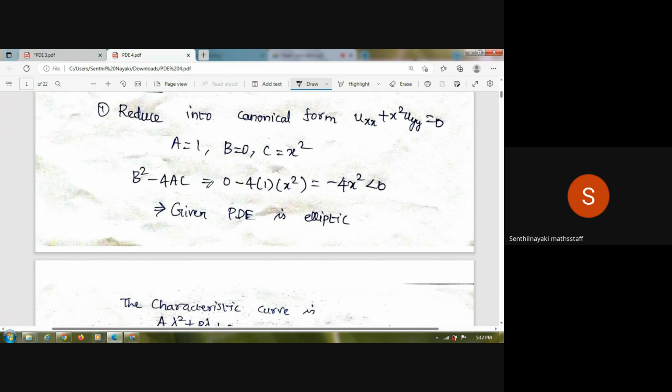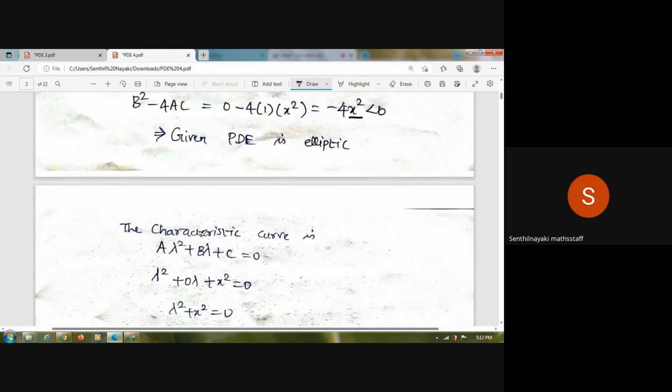Then b square minus 4ac: b square value is 0, a value is 1, c value is x square, so we get minus 4x square. So here x square value is always positive, therefore minus 4x square becomes negative.